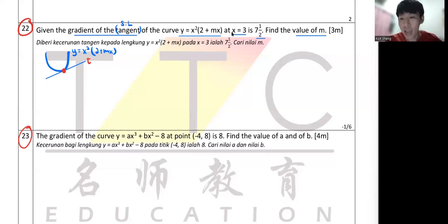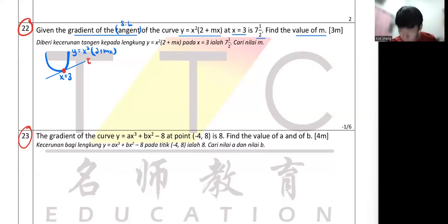So this x equals to 3 is the point of intersection where the tangent cuts the curve. The tangent cuts the curve over here. This is x equals to 3. But the y coordinate, you don't have it, okay, for the y coordinate.